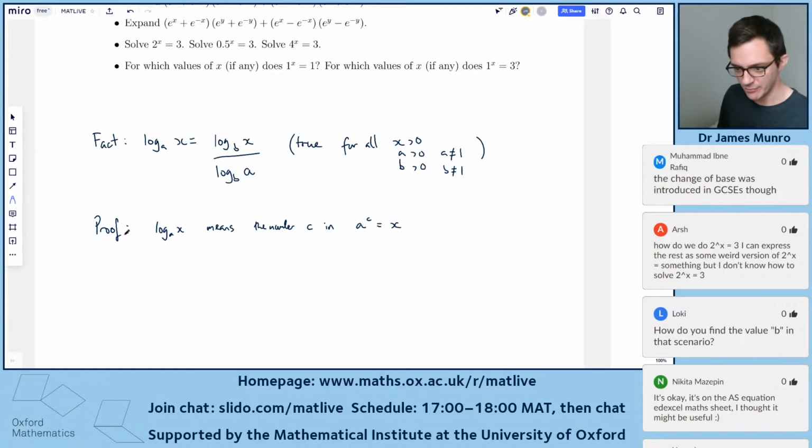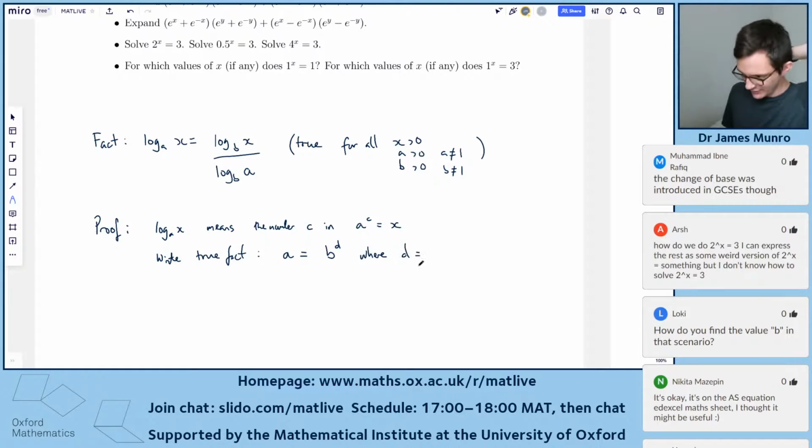Where was I? Right. My proof was going that log base a of x is the number c that satisfies this equation. I'd quite like a b to appear in here somewhere, so I'm going to write down the true fact that a is equal to b to the power of something, d.